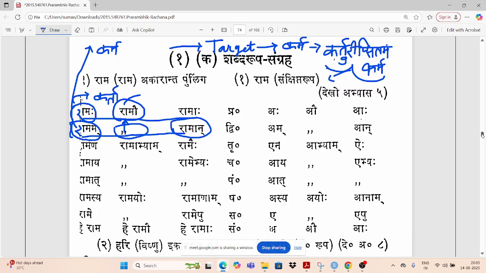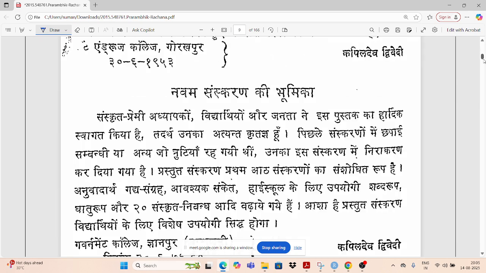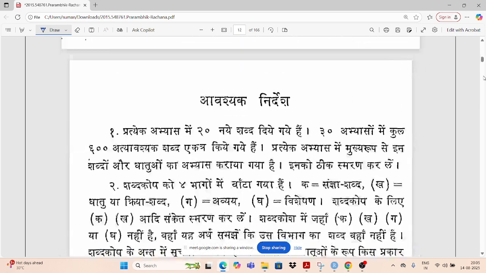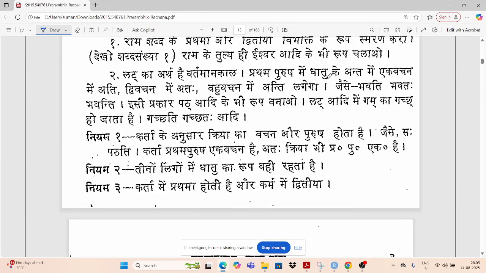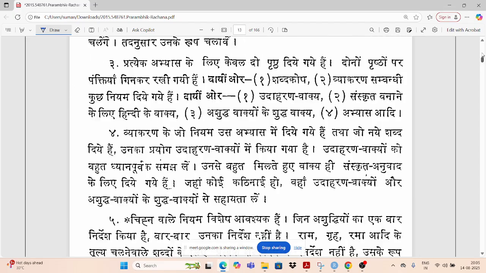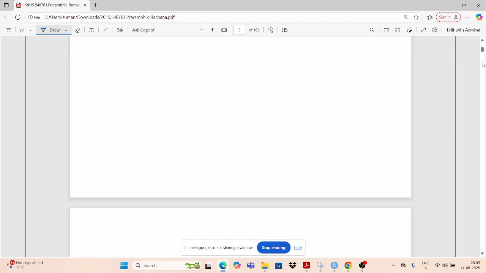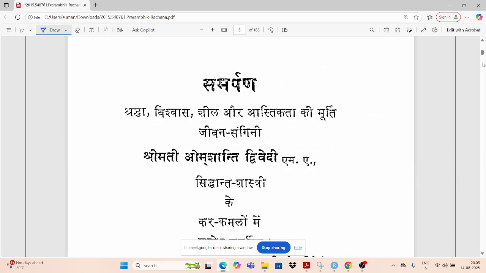Now we go back to the first part of the Abhyasa and see what is there. Apart from that, we are saying Rama ke tulya hi Ishwar adi ke bhi roop chalao. So we have a few words over here. I will just do one example.